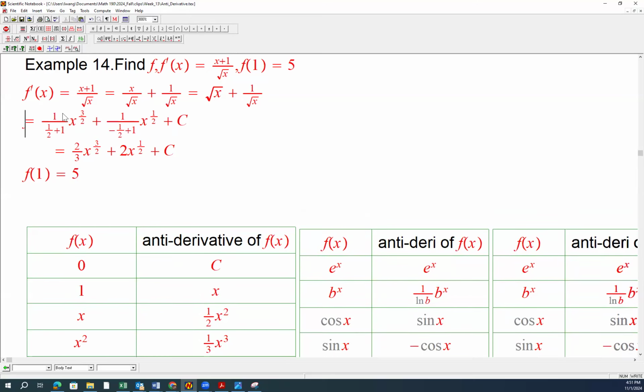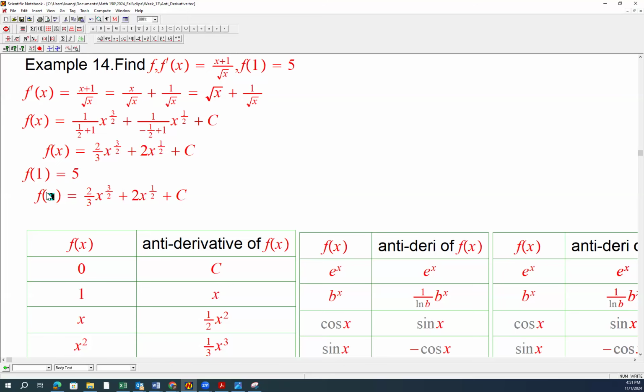And f of x is right here. Plug in x equals 1. So this is 1, and this is 1, and that should equal 5. We're going to solve for C.